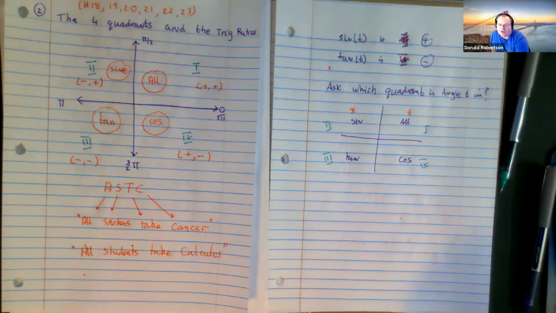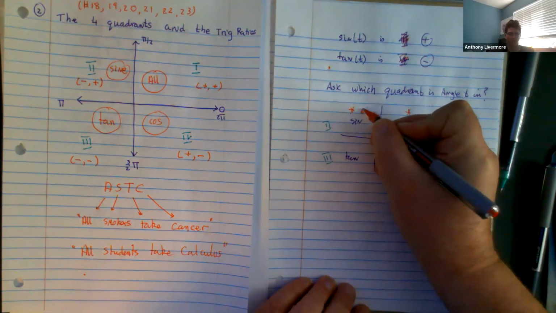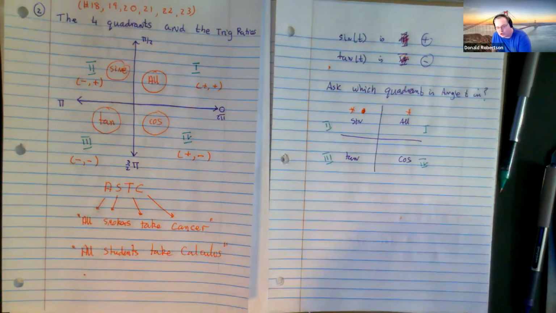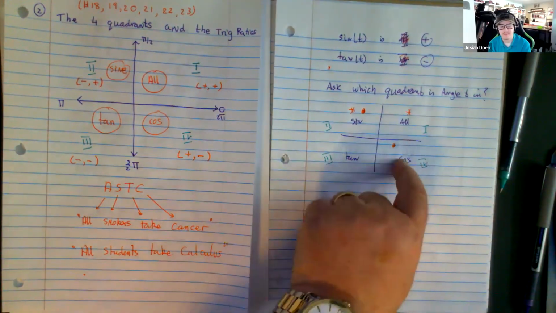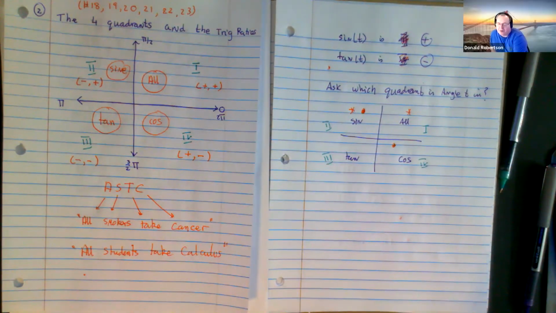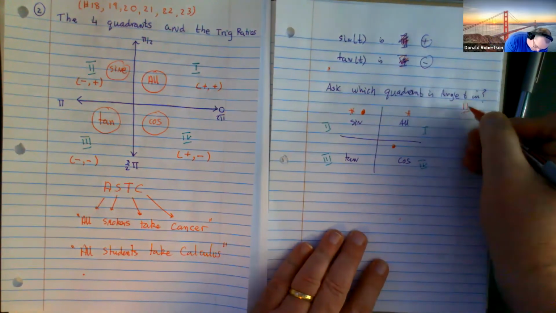Which quadrants could it be in? There's 2 of them, agreed? One of them is 2. Where's the other place where it might be? 4. Remember, it's negative, right? Now, when you look at this pattern, do you see there's only one quadrant where both things are true? So the answer to this question is quadrant 2.